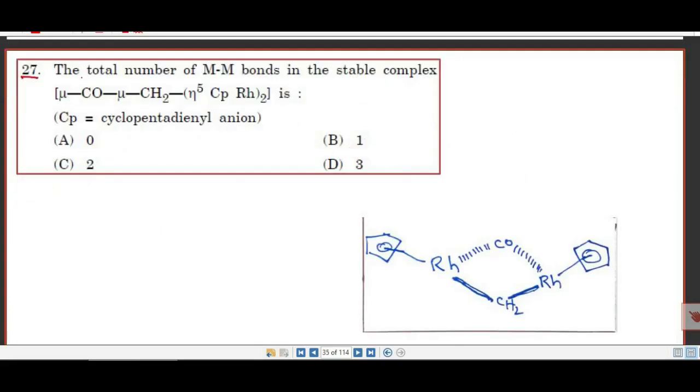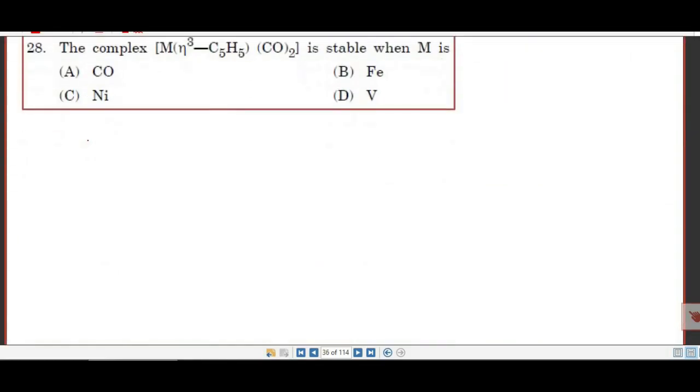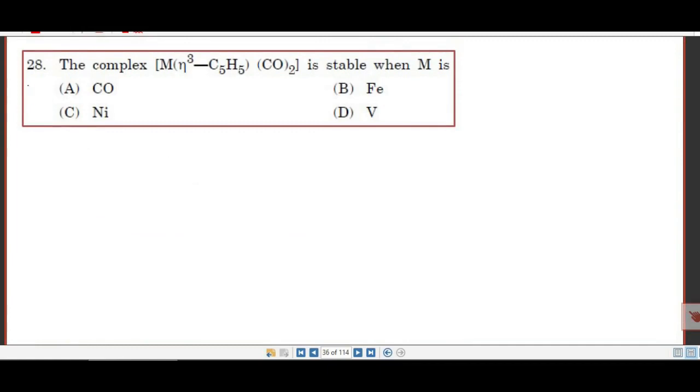Question number 27. The total number of metal-metal bonds in the stable rhodium complex is asked. Here it is a 2 coordinated complex, so the metal-metal bond is 2. That is the structure of the complex. Now question number 28.